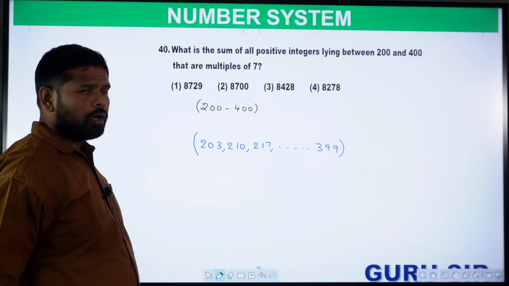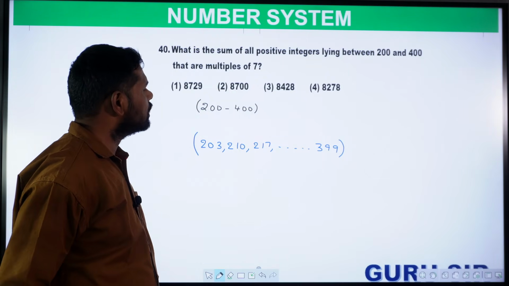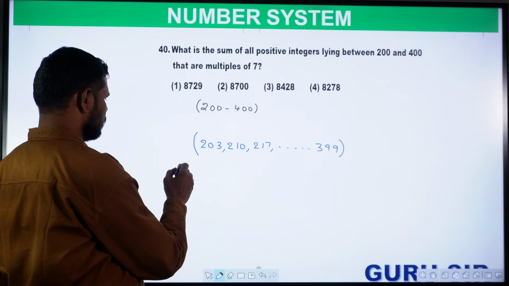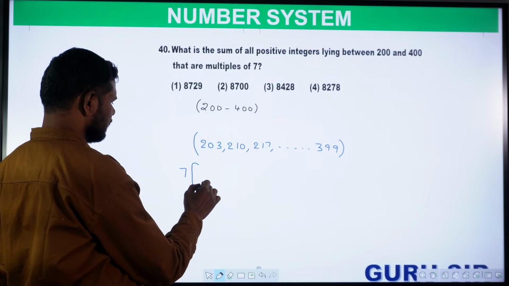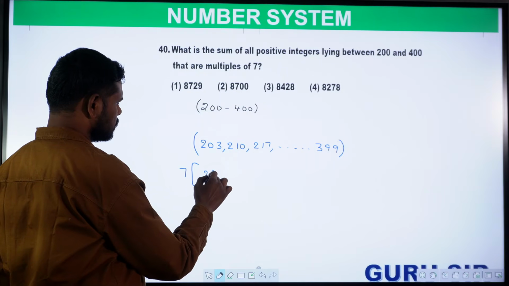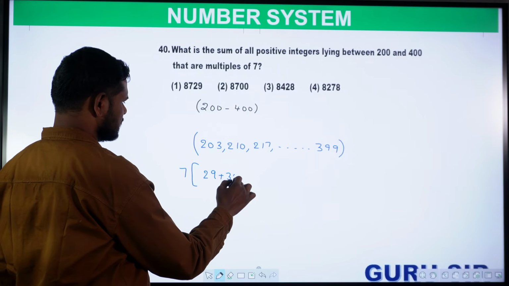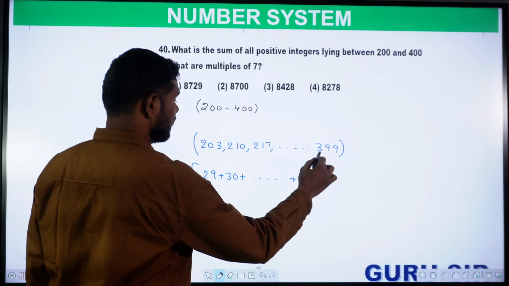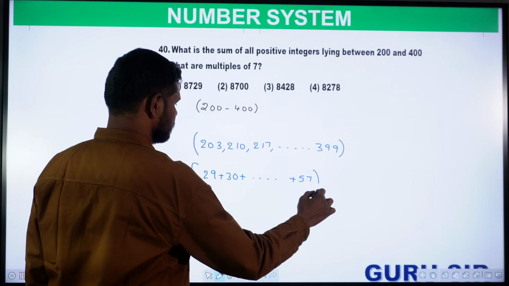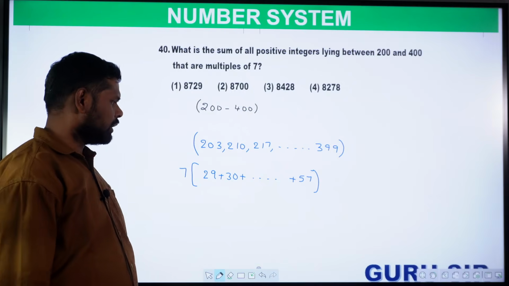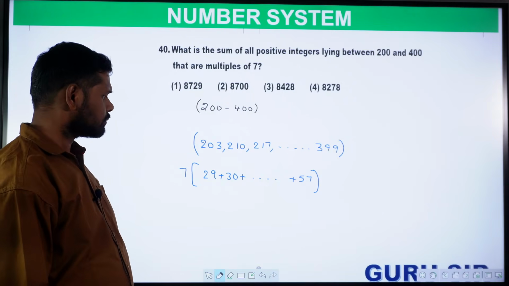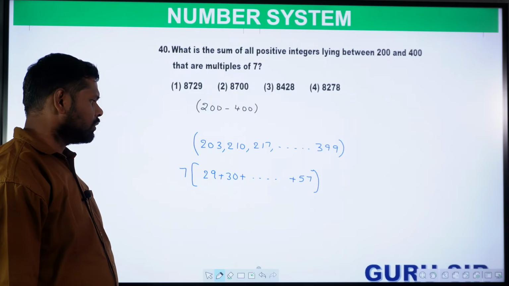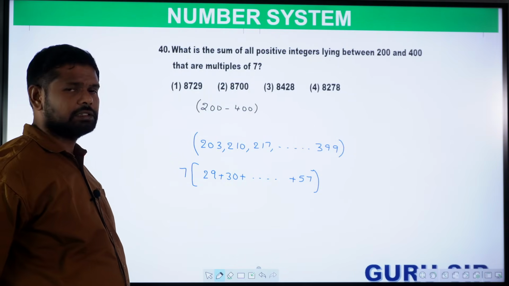Now, how to find the sum of all these integers? These are all 7 multiples. If you write it like this: 7 times 29 plus 7 times 30 plus and so on up to 7 times 57. So the numbers run from 29 to 57. How are we going to find the sum of 29 to 57?